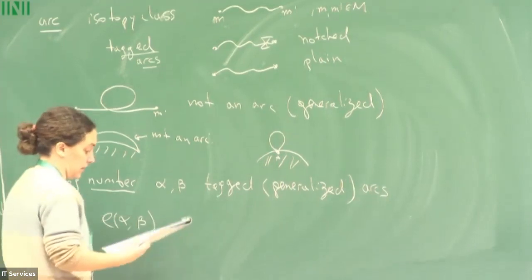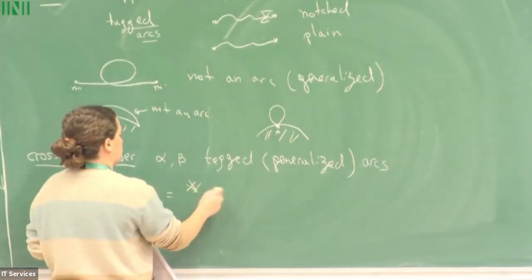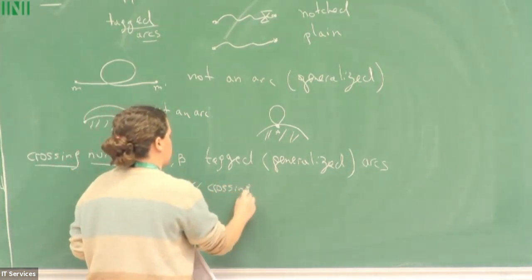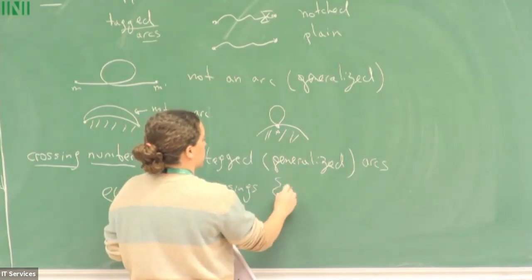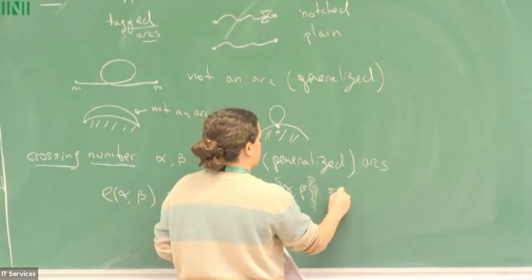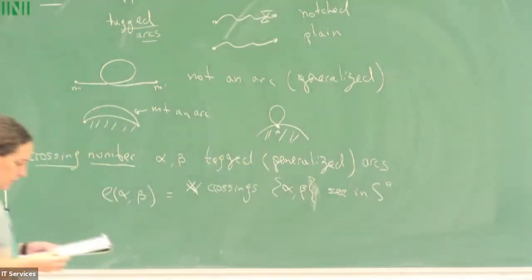And it's essentially the number of crossings in minimal position for alpha and beta that you see in the interior of the surface.